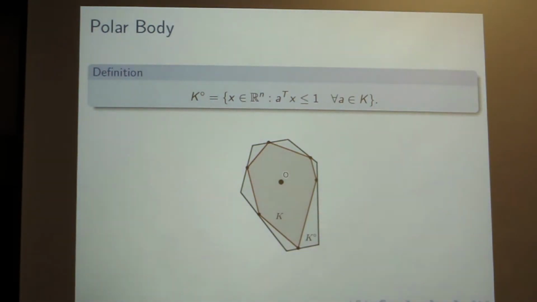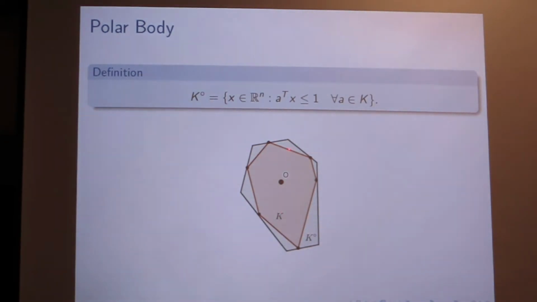The definition is the polar body. So we take the set of all points x such that the scalar product with every point in K will be less or equal to 1. So this means if this is 0, and we take this point, for example, on the boundary, and let's say that the distance from 0 to this point is 1, then this point will also belong to the polar body.